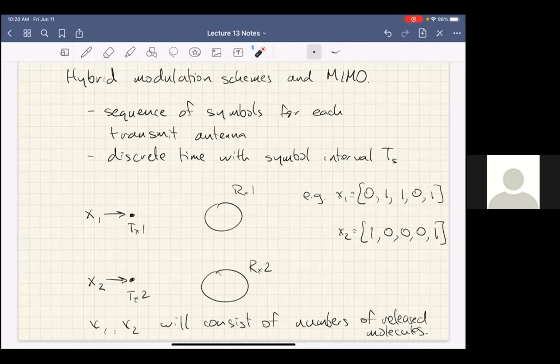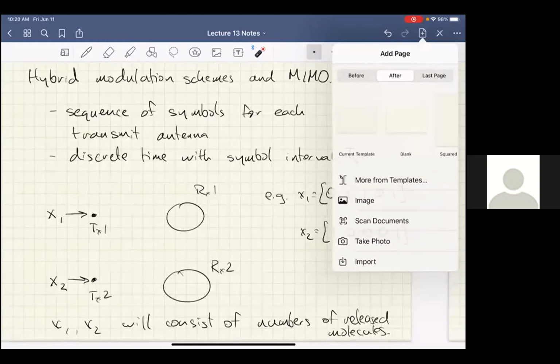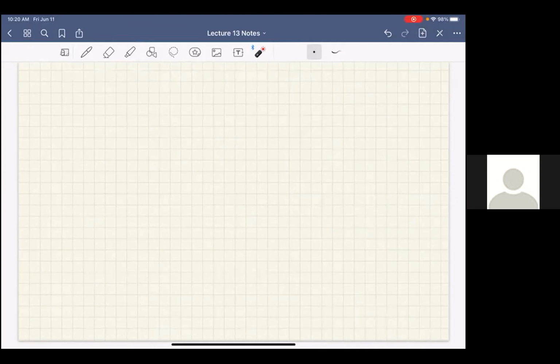So much like in conventional MIMO systems, I'm going to define a channel response, and I'm going to define it Sij of k.